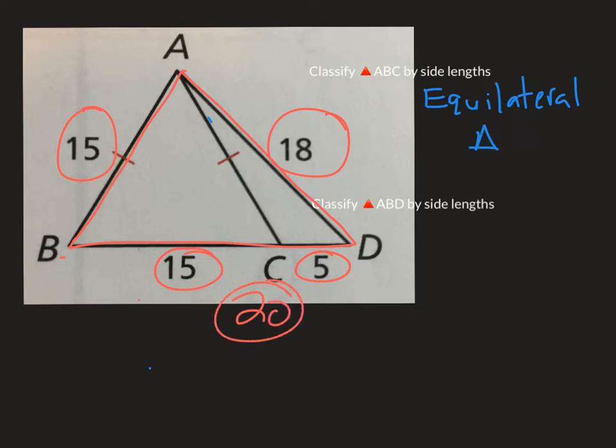And so we have three sides, 15, 18, and 20. They are all different. It has no congruent sides, so we're going to name this a scalene triangle. And that's the word you're probably least familiar with, so that's the one to focus on.